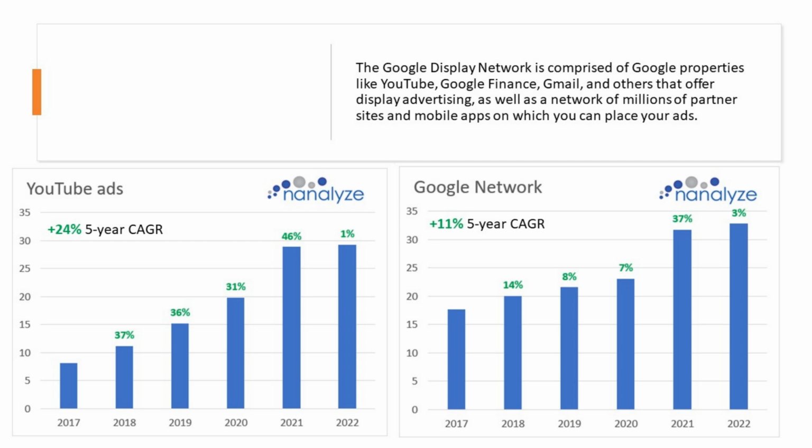It's comprised of Google properties like YouTube, Google Finance, Gmail, and others that offer display advertising. A slightly different characterization when they mention YouTube there, how YouTube advertising is reflected in Google Network versus YouTube ads is a detail we're not going to get into, but they have a network of millions of partner sites and mobile apps on which you can place your ads.